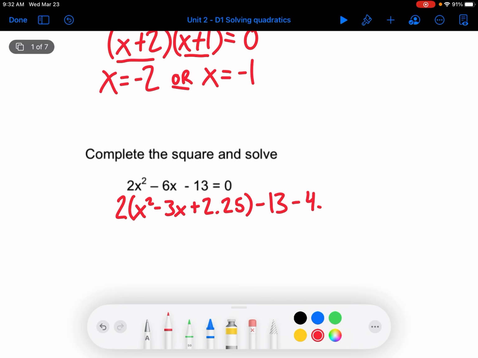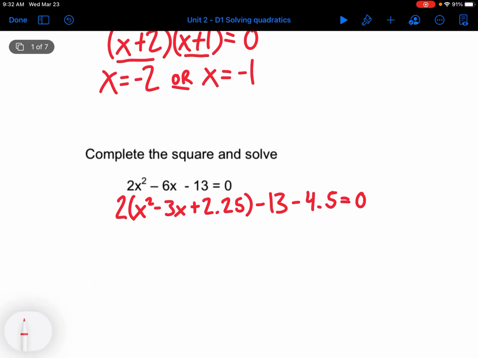So I need to subtract that outside here, equals 0. So then we've got 2 and we've got x minus 1.5 squared minus 17.5 equals 0. And now to solve, we simply have to move everything to the other side and start solving.